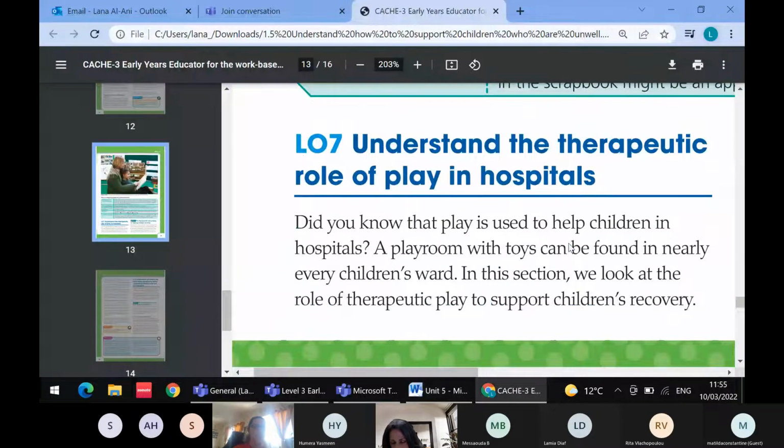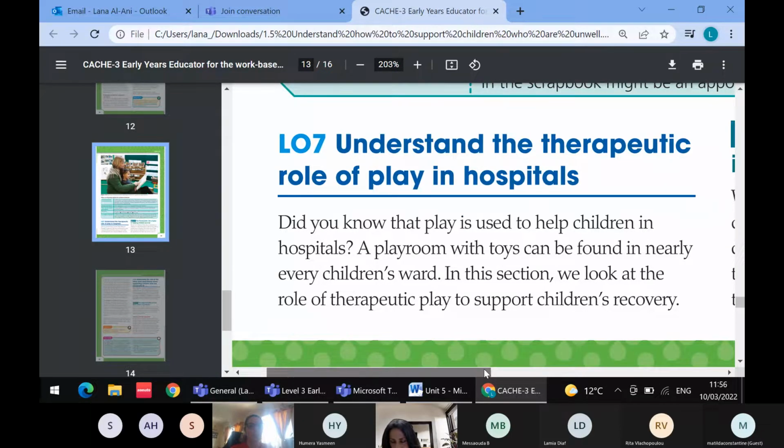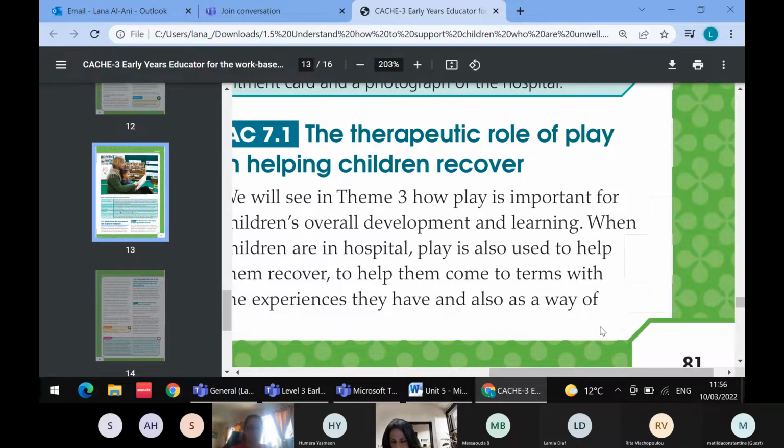What's the therapeutic importance of the role playing for the children? When they play doctors and nurses, what's the importance of this when they do the play in the classroom? To support children's recovery as soon as possible. Yeah, it definitely will help them a lot.